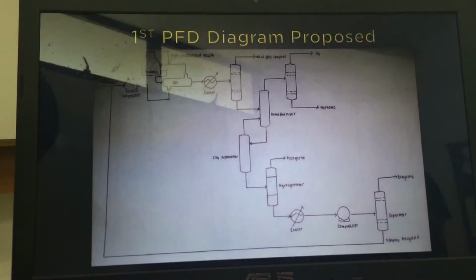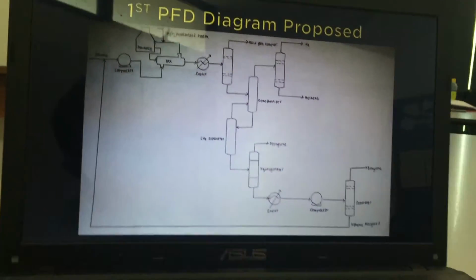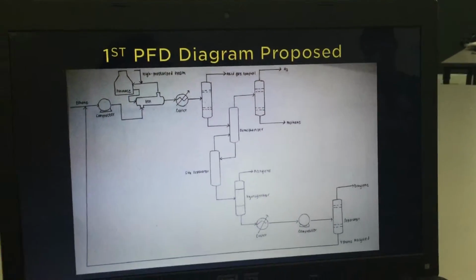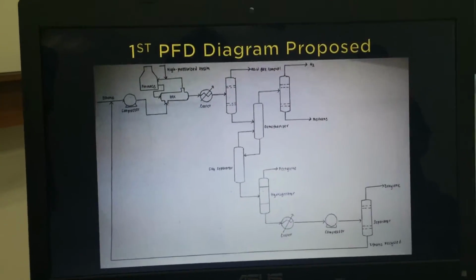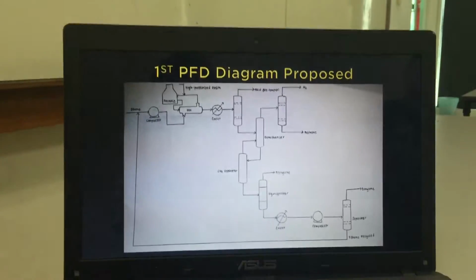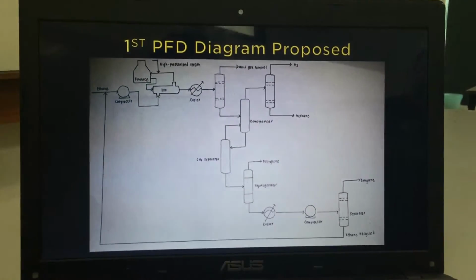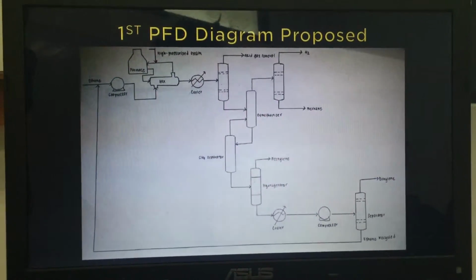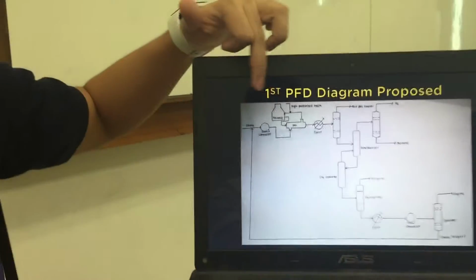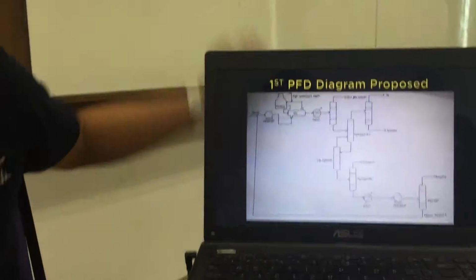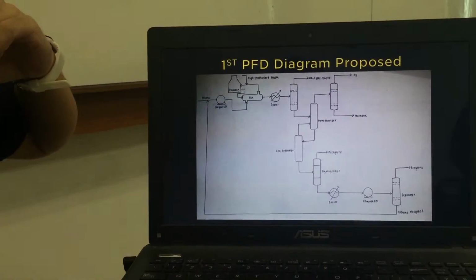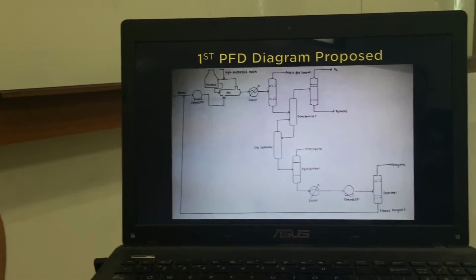And so we proposed the first process flow diagram. It's very similar to the reference layout which I just showed. It starts with the furnace here. But in industrial scale, there's no way that you can get a very pure ethane feed.